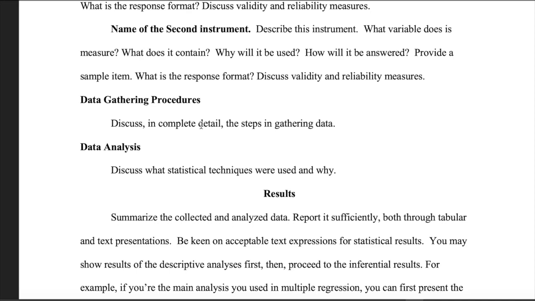And then finally, the data analysis. Some students confuse this with the results section. Some of my students put in the data analysis the actual results of their analysis. The data analysis simply talks about what statistical techniques you used and why you are using these techniques.